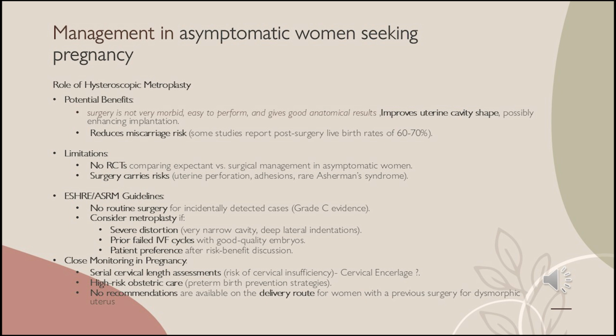Regarding the route of delivery, there are no guidelines to say whether cesarean section needs to be done in T-shaped or dysmorphic uterus, or post-surgery. So cesarean section is limited only to obstetrical indication in these women.